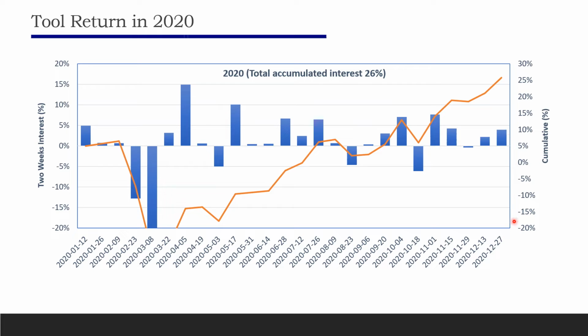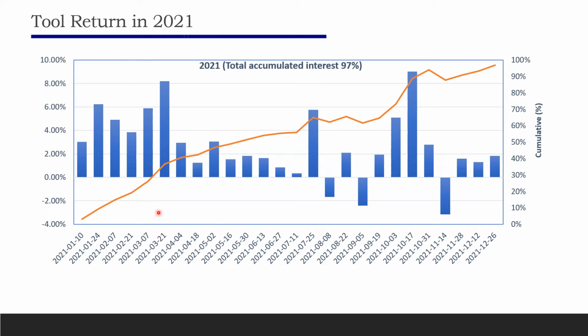As you see, the accumulative return at the end of the year was around 25%, and the minimum, which happened sometime in March, was around -20%, and the maximum was around +15%.